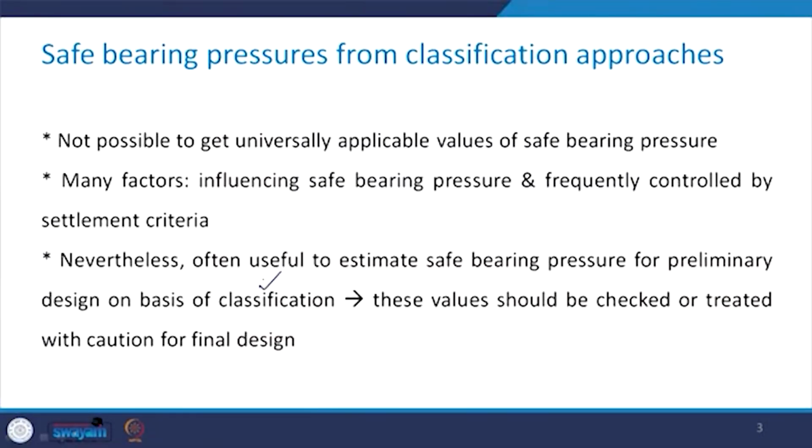Nevertheless, these approaches are often useful to estimate the safe bearing pressure for preliminary design on the basis of classification. But we need to be careful that whatever values of safe bearing pressure we get from the classification approaches should be checked or treated with caution for the final design.